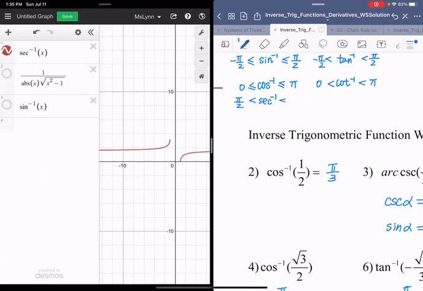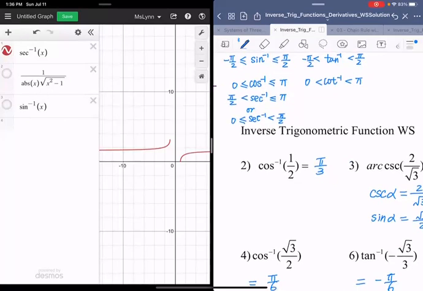It is less than pi. Secant inverse is bigger than 0, but less than pi over 2. It is bounded between these two, okay? On the two end, it can reach.